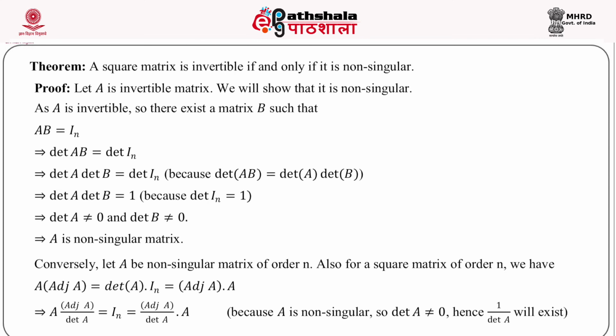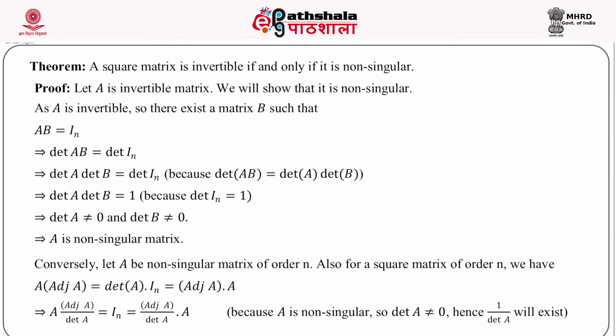Proof: let A be an invertible matrix, then we have to show that it is non-singular. As A is invertible, there exists a matrix B such that AB is equal to the identity matrix. Now taking determinant on both sides, determinant of AB is equal to determinant of the identity matrix, and we know the determinant of AB is equal to determinant of A into determinant of B. And we know the determinant of the identity matrix is equal to 1.